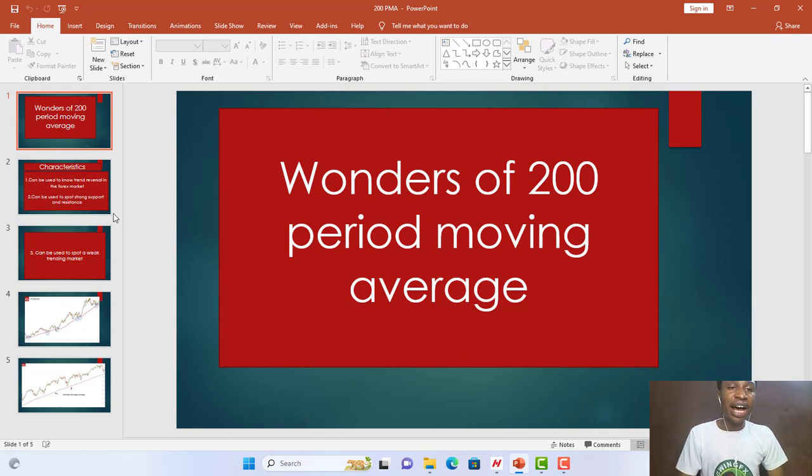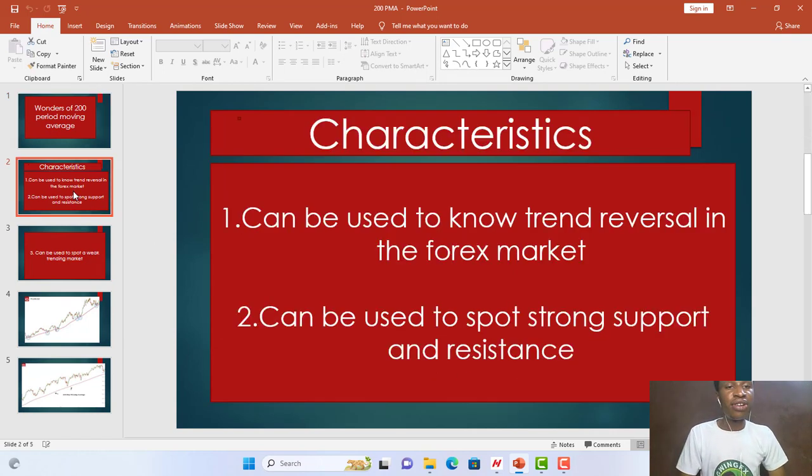So how do I use the 200 period moving average? Before I talk about number one, we go to number two. The 200 period moving average can be used to spot strong support and resistance in the market.